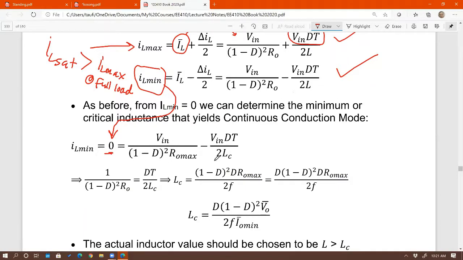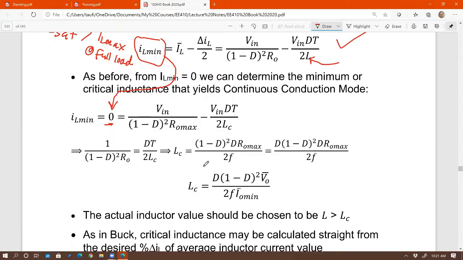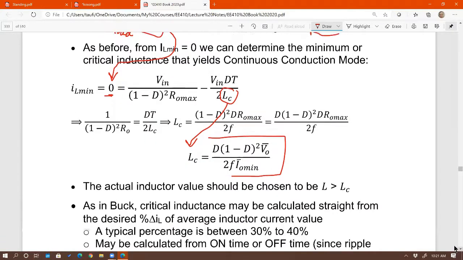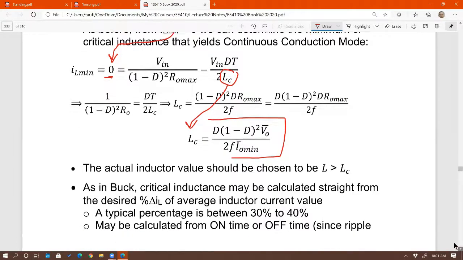Put it here, and you can see that there's an L in that equation. That's what we're aiming for, solving for L. So under boundary conduction mode, you can solve for L because IL min is equal to 0. Then solve for L right there. And at the end, you get L critical inductance equal to this equation. So that's one way to determine critical inductance.